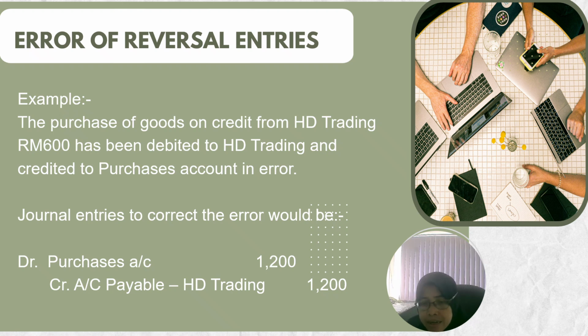So the journal entry to correct the error would be debit purchases account 1,200 and credit accounts payable HD Trading 1,200. In this case, students, we need to double up the figure, because the first 600 is to cancel out the error and another 600 is to show the correct entry for this transaction.